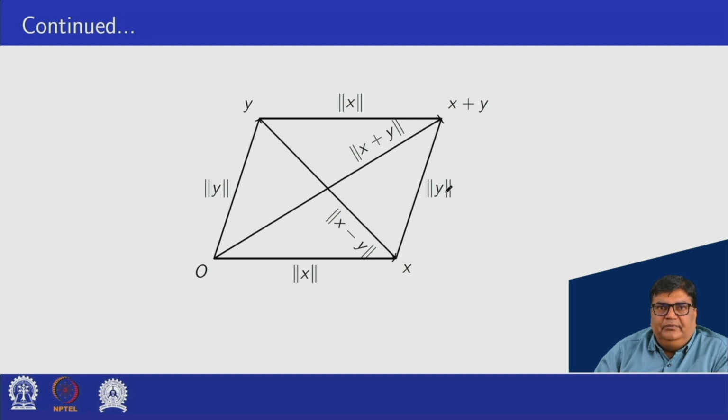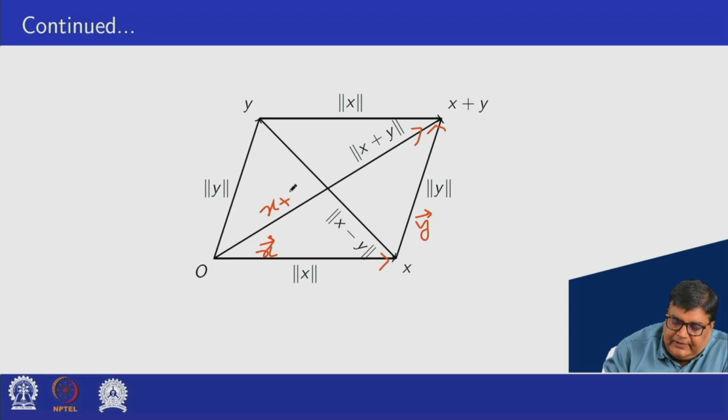This is the parallelogram. So suppose this is the vector x, and this is the vector y. This is the x plus y vector, and this is y.